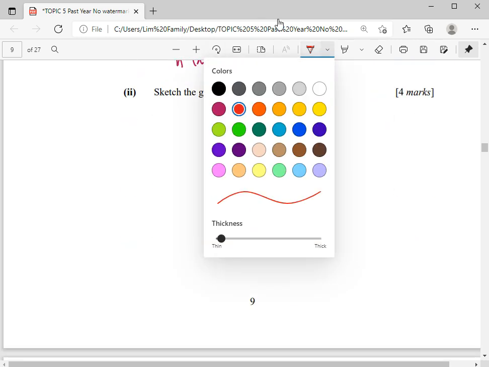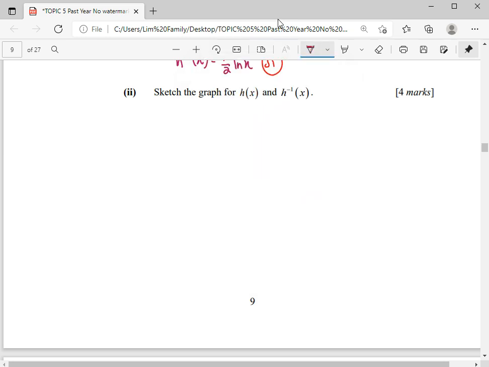Set up your inverse graph with your y-axis and x-axis correctly. And don't forget our reflection line, y equals x.